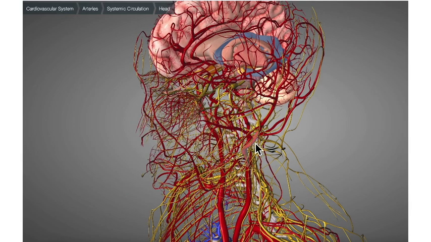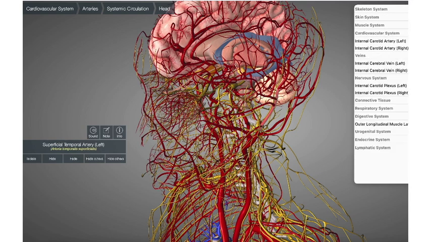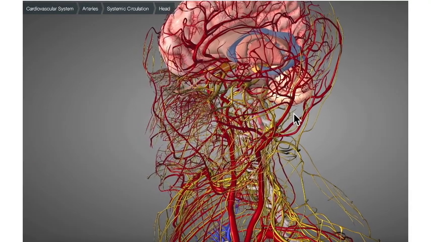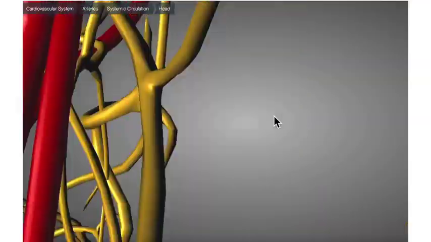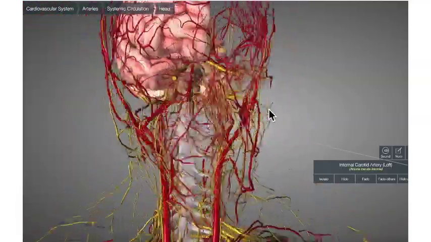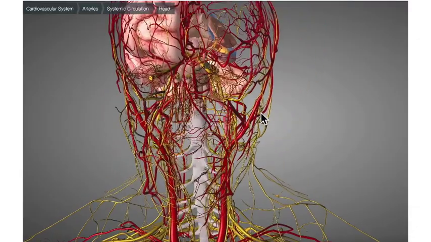There are 2 branches of common carotid artery, external carotid artery and internal carotid arteries. Internal carotid artery goes into the brain. It is a major blood supply of the brain, which supplies the anterior 2/3 of the brain. So here is the internal carotid artery.